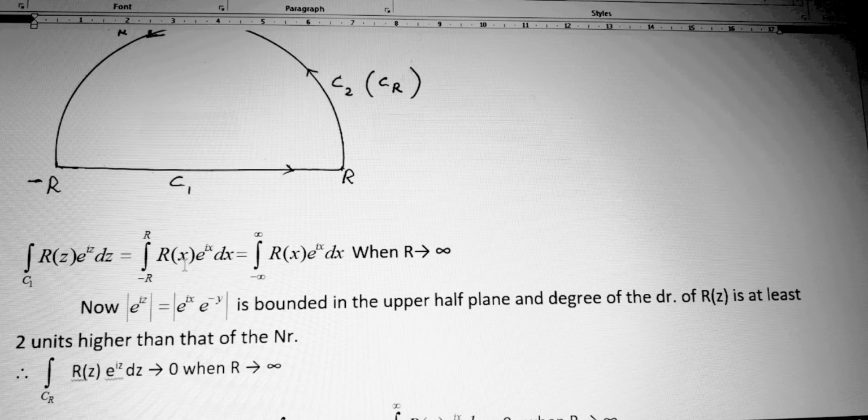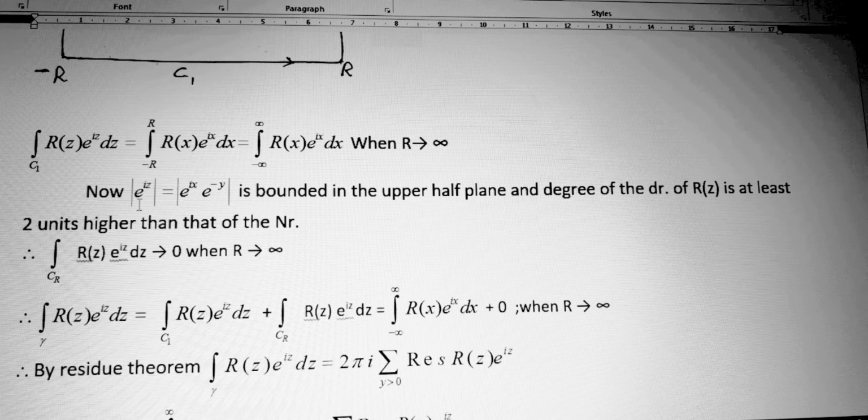Because z is real on C1, we can choose the variable as x. So it is the integral from minus R to R of R(x) e^(ix) dx, and when R tends to infinity, this integral is the integral from minus infinity to infinity of R(x) e^(ix) dx. Now modulus of e^(iz) equals modulus of e^(i(x+iy)), which is modulus of e^(ix) times e^(-y), which is bounded in the upper half plane.